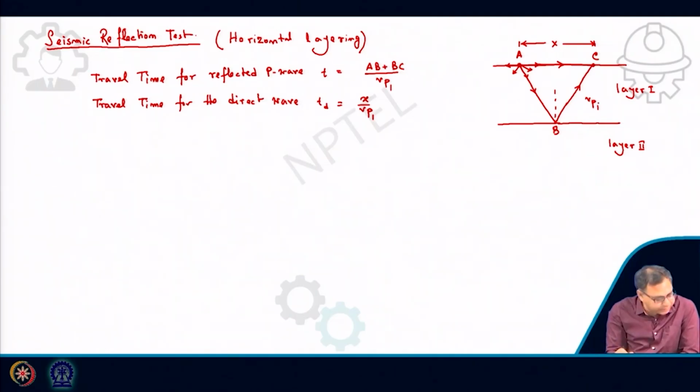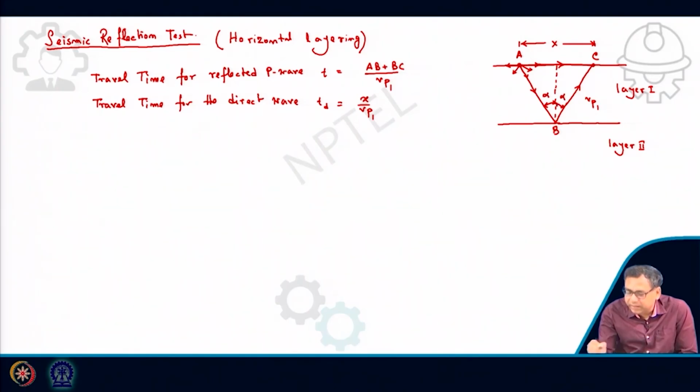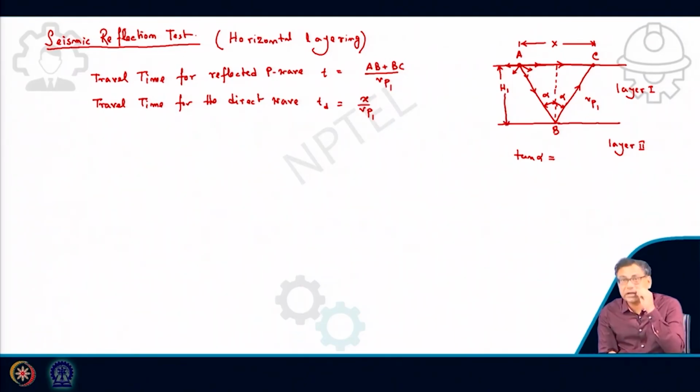Now, if I draw, this is alpha, say, and this will also be alpha. So, what will be tan alpha? Tan alpha will be x by 2 into H1, where H1 is the thickness of layer 1.